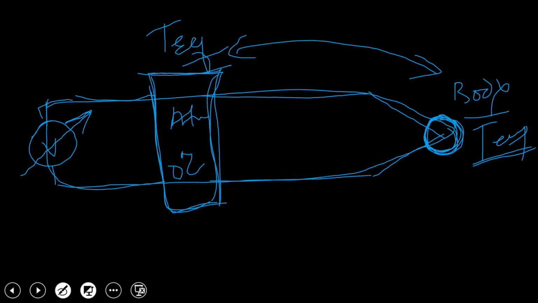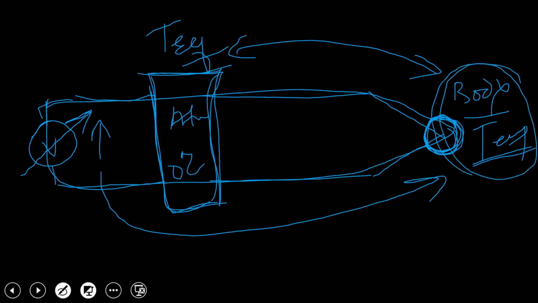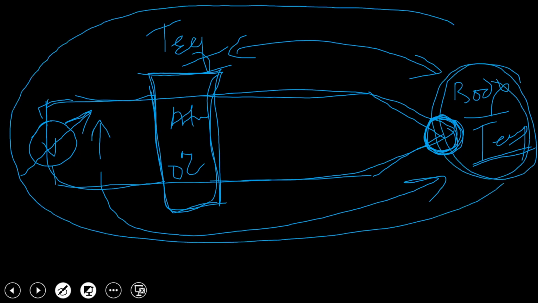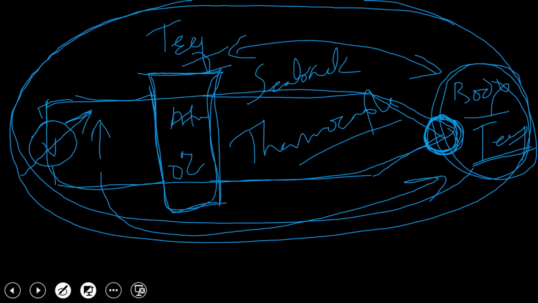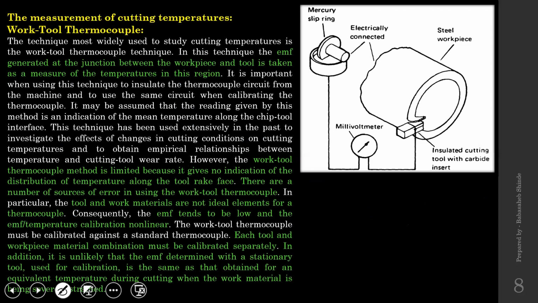Now, if you correlate the amount of voltage developed with respect to body temperature, then you can use this whole system for temperature measurement. So this is basically a thermocouple. The working principle of this thermocouple is called the Seebeck effect. That we are not going to talk much about, but this is the overall working principle.